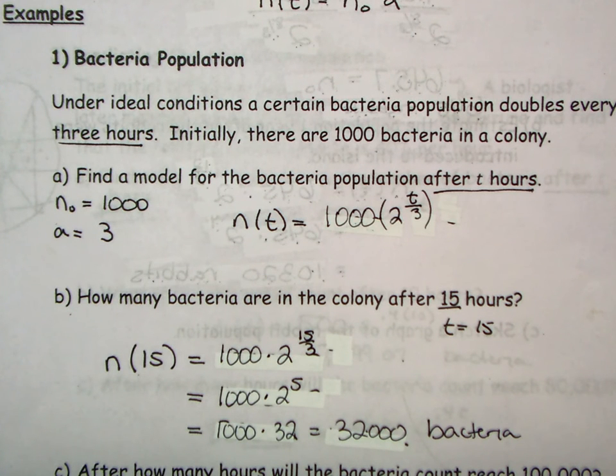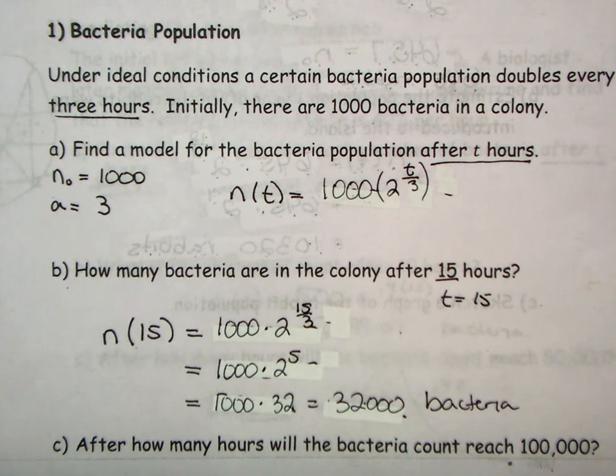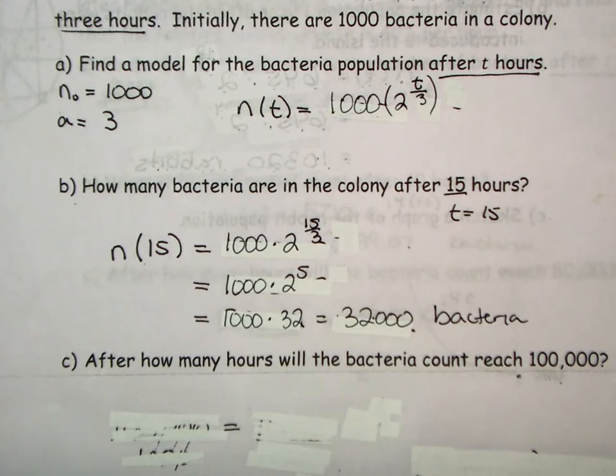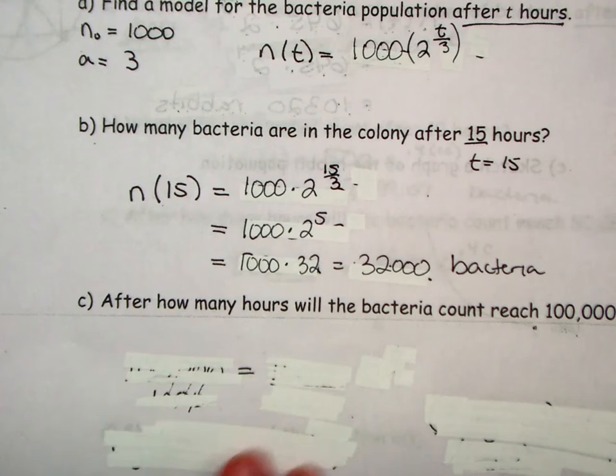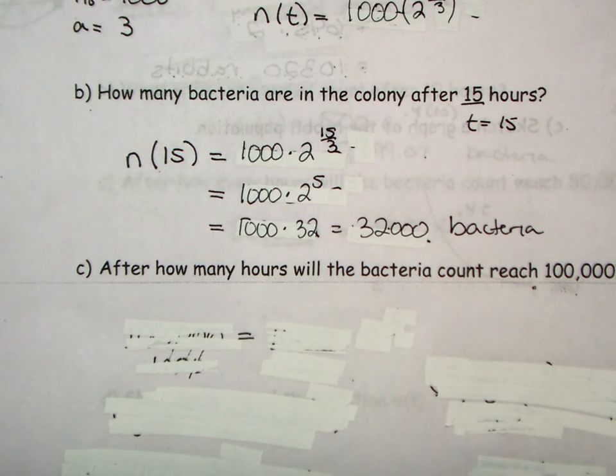So if we have 32,000 after 15 hours, question C asks, after how many hours will the bacteria reach 100,000? So this is our function value, and we want to figure out how long that would take. Pardon my really great whiteout skills here.